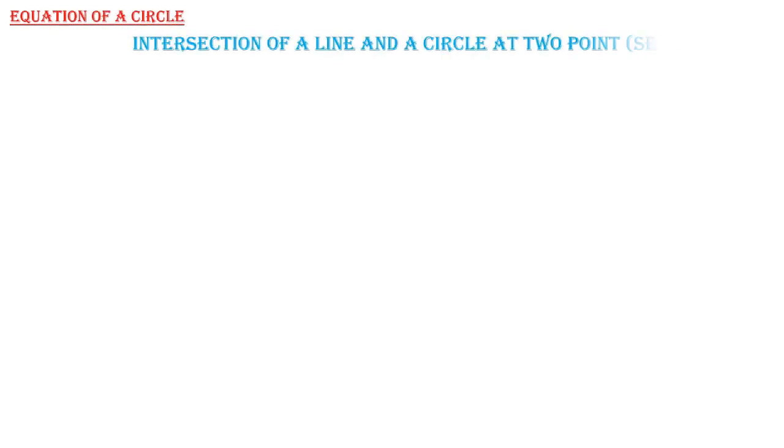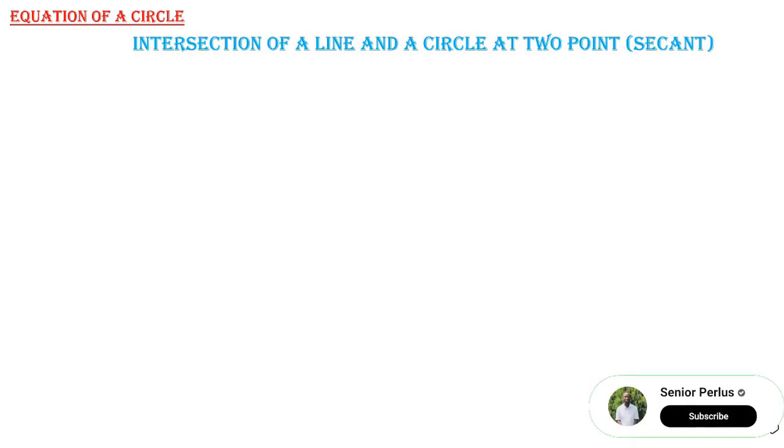Our last presentation on equation of a circle is the intersection of a line and a circle at 2 points. That's the second, right? The points of intersection of a circle and a line are obtained by solving the equation of the line and the circle simultaneously.